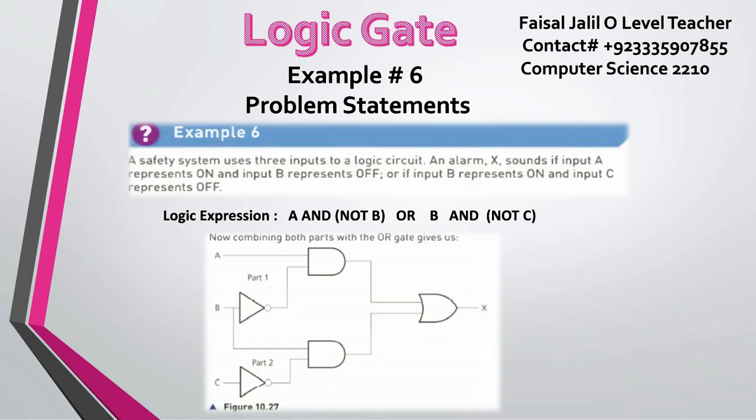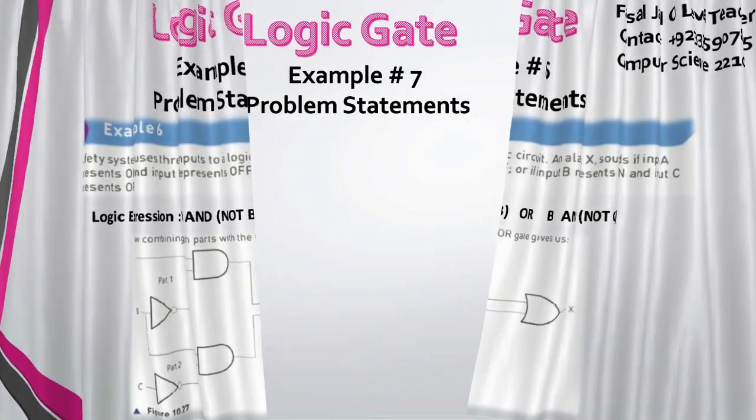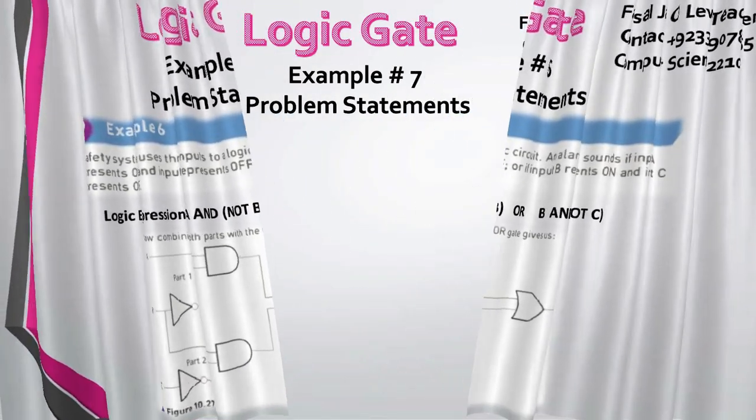Amal, Mariam. No, sir. Good. Okay, now move towards the next part, which is our example 7 problem statement.